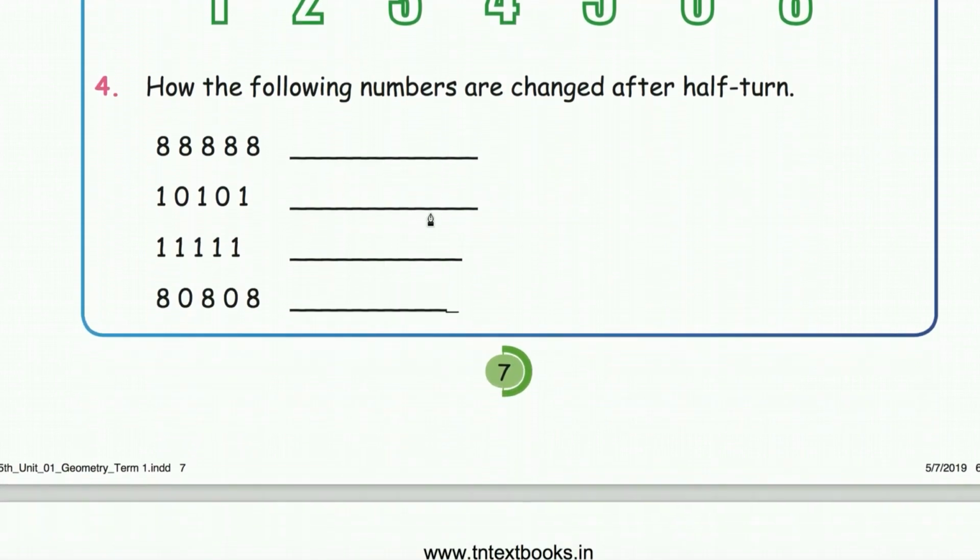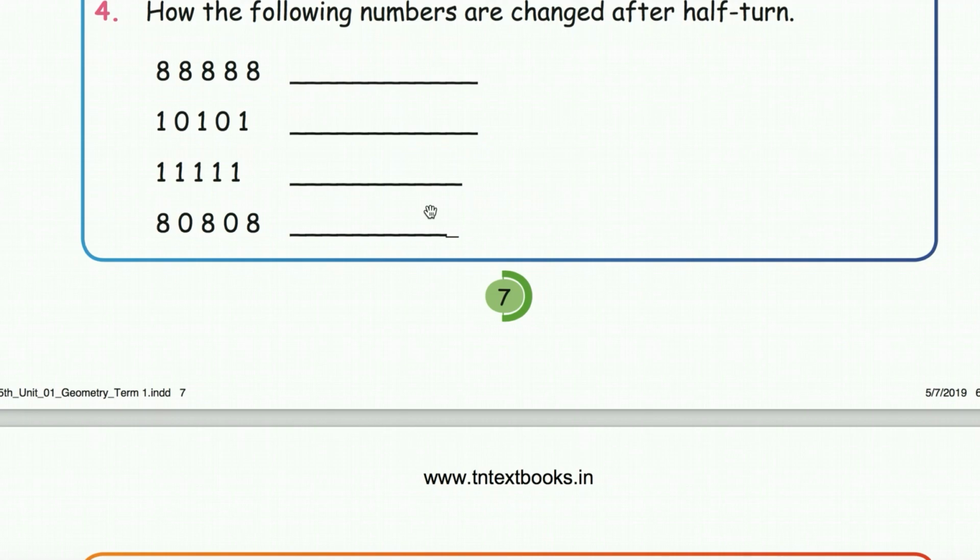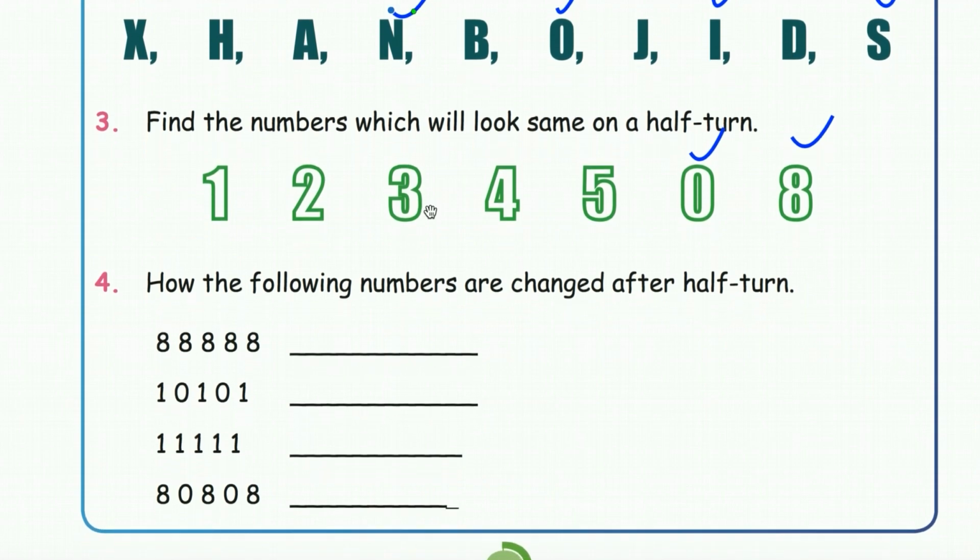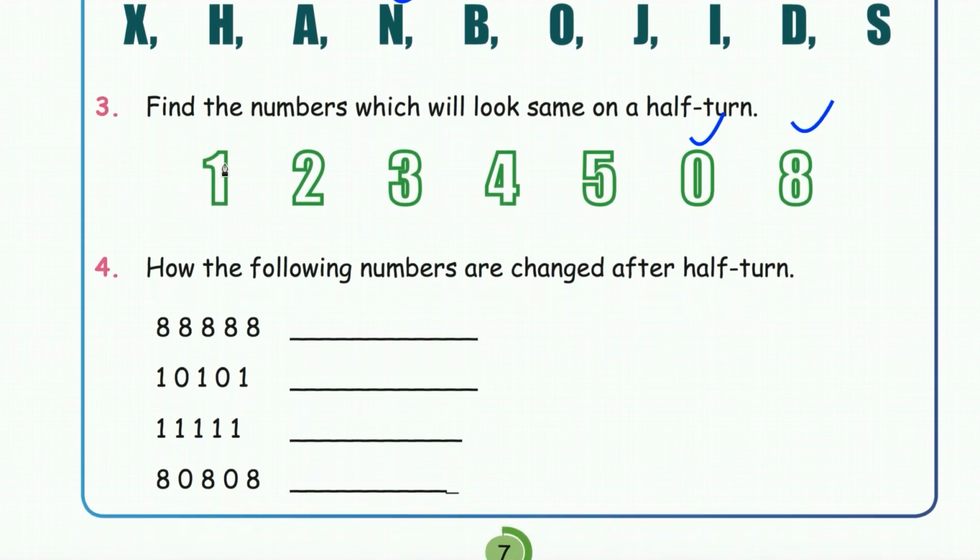How are the following numbers changed after a half turn? 8 will remain 8. 1: if there is a tick mark here, it won't look the same.